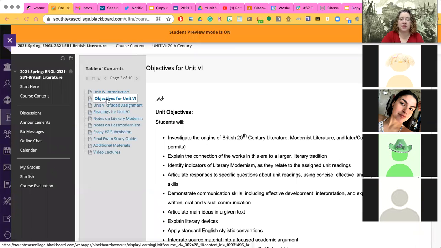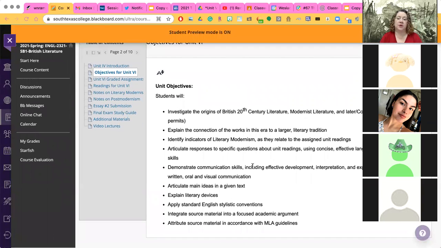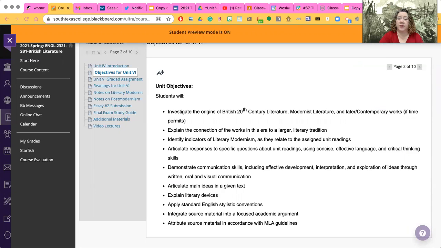Objectives for the unit include things like connecting the literature of the 20th century to the larger literary tradition, looking at modernism, postmodernism. But like I said, I don't think we're going to get to contemporary literature as it sort of suggests there. But it just says as time permits, so I guess I'm okay with that. Explain the connection of works, talked about that.